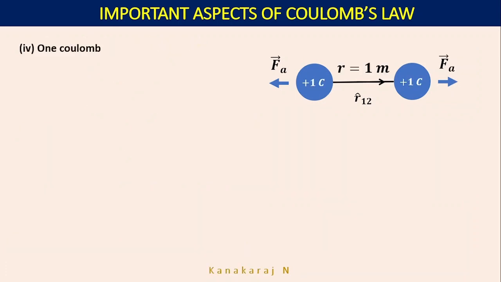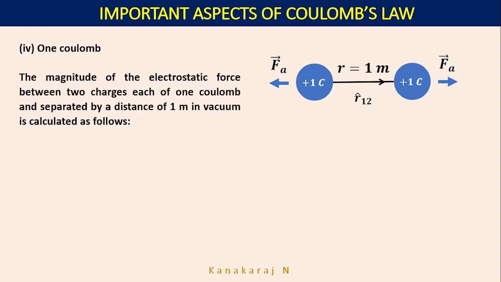Now let us go with 1 coulomb. Look at the diagram. The two point charges now become 1 coulomb each, and they are separated by a distance of 1 meter placed in air. With this condition, let us find the magnitude of the force on each charge. The magnitude of the electrostatic force between two charges, each of 1 coulomb and separated by a distance of 1 meter in vacuum, is calculated. So F equals 9 into 10 power 9, that is the value of K, into Q1 Q2, replaced by 1 into 1, divided by R square, replaced by 1 square.